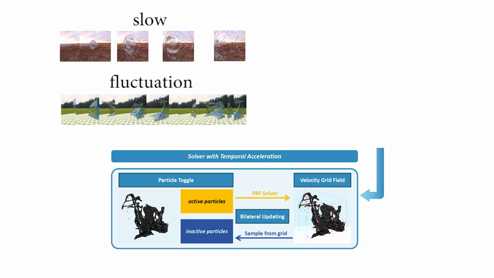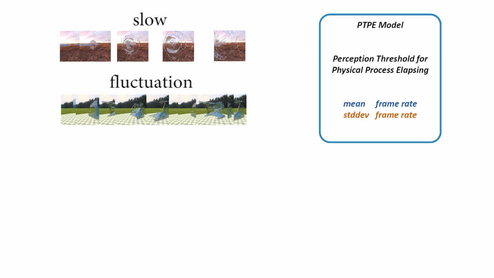Slow rendering or large fluctuations in fluid dynamics can deteriorate the visual perception experience for users due to the unsmooth nature of the physical simulation process. To identify the optimal timing for activating acceleration strategies, we propose the PTPE model, attempting to correlate the temporal quality of current fluid rendering with frame rate and standard deviation.